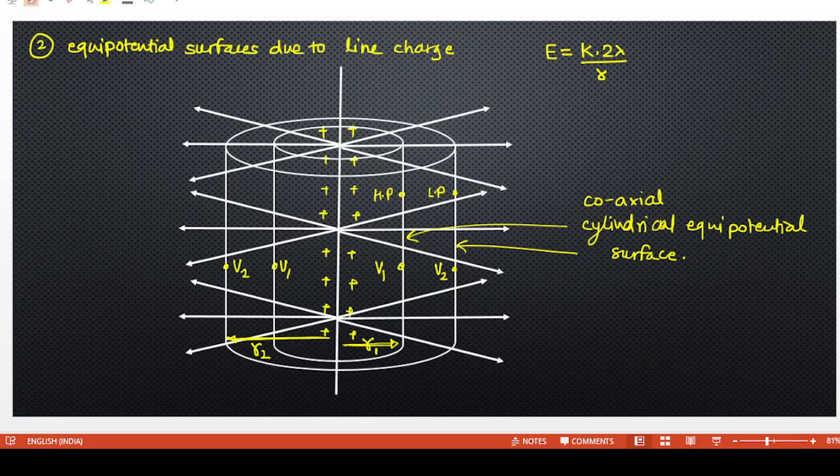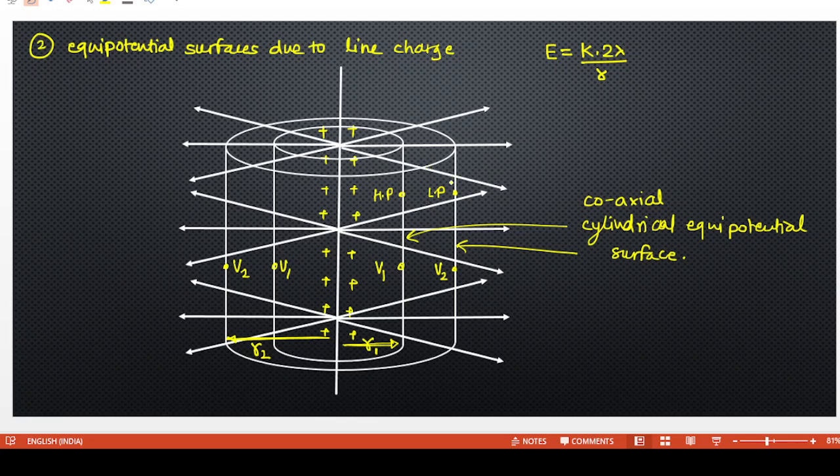Now let us assume the charge is positive. Then electric field will be away. The electric field which is away is taken as positive. So this number itself is a positive number, and here the plus sign indicates the direction of the electric field is away. Now from this electric field you can figure out the potential difference between this surface and this surface.